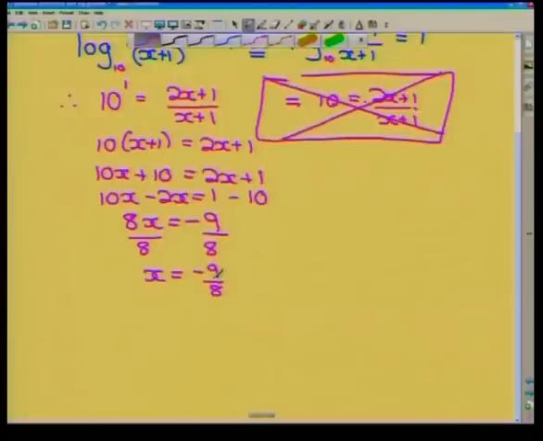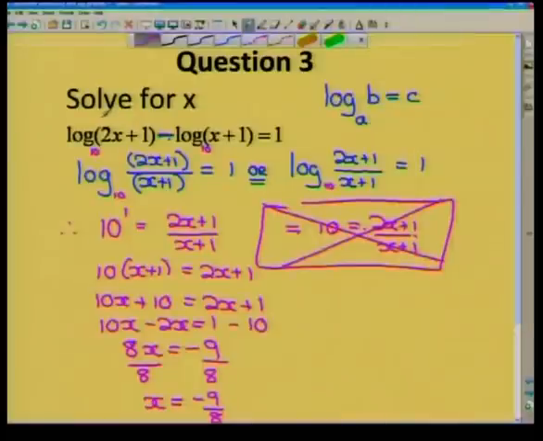We are not finished because as soon as we've done that, our next step is to go back and check that it doesn't make any of my logs invalid. So let's go back and remember what I said to you. Whatever we do, we always check back in the original. So we're going to think to ourselves 2 lots of negative 9 over 8 plus 1.